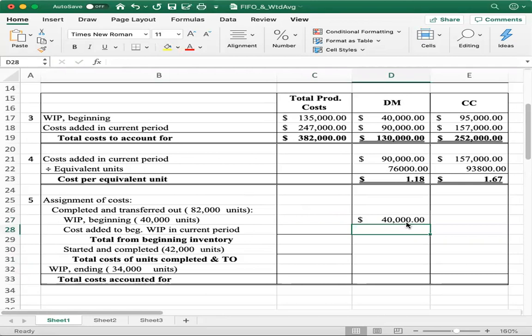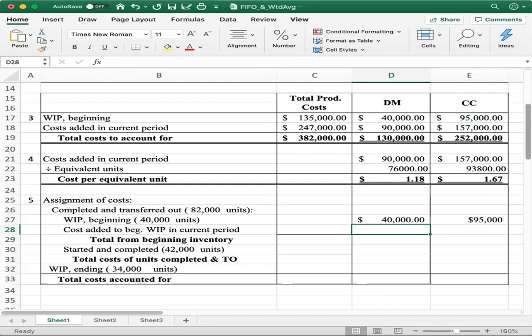And then the beginning work in process cost for the conversion cost, you can see in part 3 here, 40,000 for direct material and 95,000 for conversion was 95,000. So we added that. Now, cost added during the period in the beginning work in process, cost added to beginning work in process in current period.